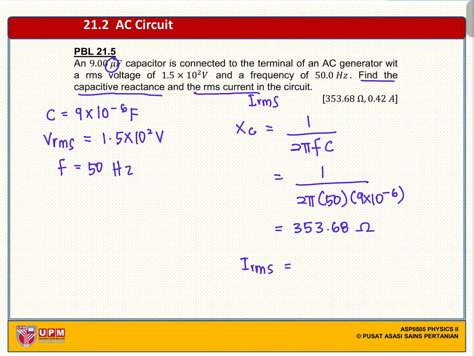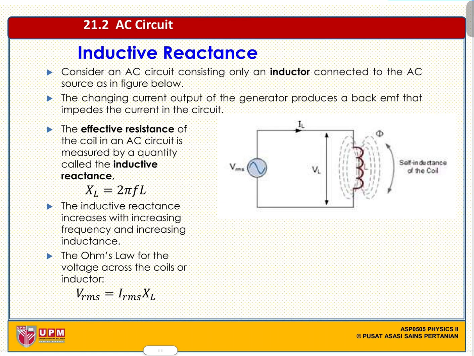Awak boleh guna VRMS of the source bahagi dengan XC. So, VRMS awak adalah 150. XC awak adalah 353.68. So, awak akan dapat IRMS awak bersamaan dengan 0.42 ampere. Okay, you can take 5, pause the video and then continue with the inductive reactance.